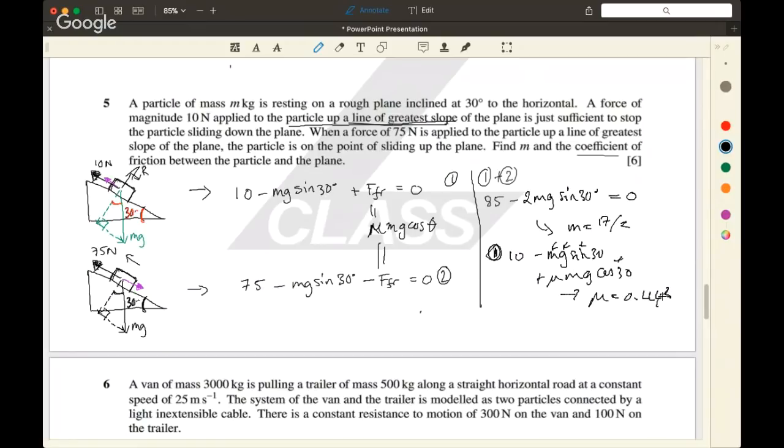So the key thing here was to understand that the force of friction stops the thing moving in either direction. It stops it moving wherever it wants to move up until a certain amount. Obviously, once the force that's pulling it up gets too big or too small, the thing will start to move anyway. But at these 2 points, the force of friction is enough to combat it. And so you can construct two equations and solve for the two unknowns.